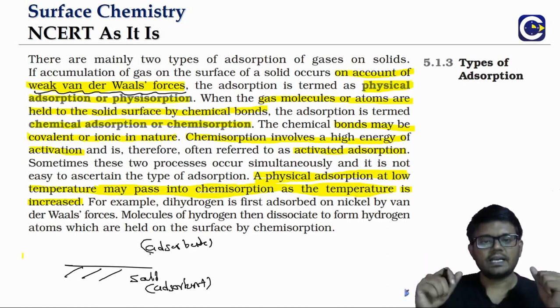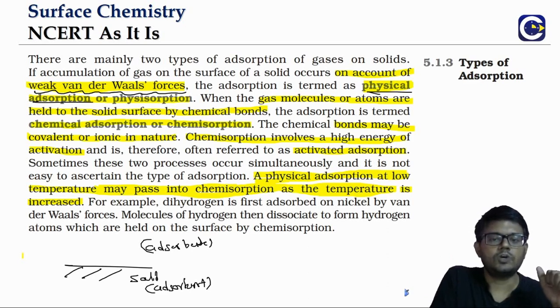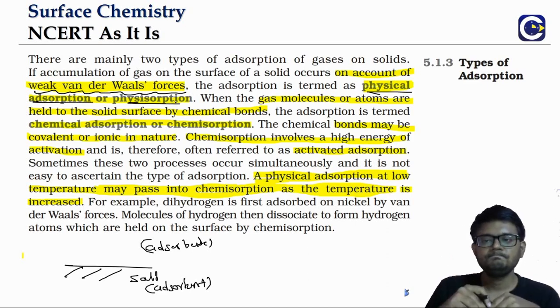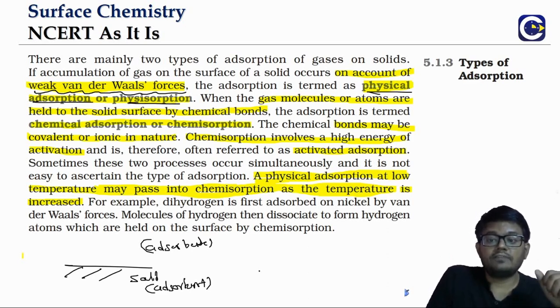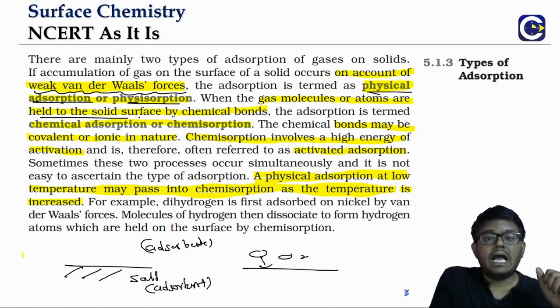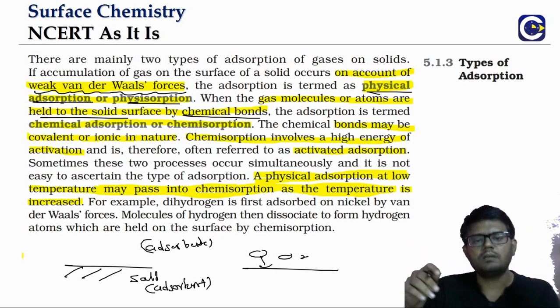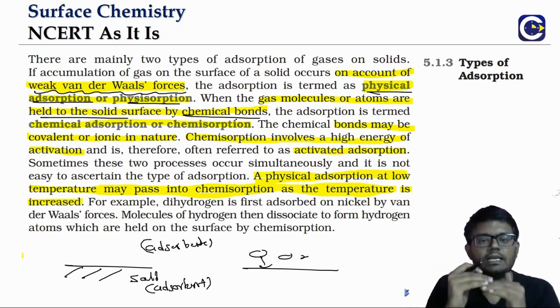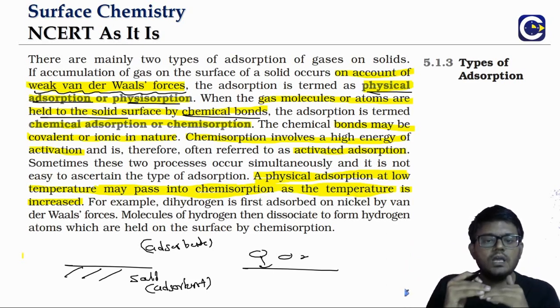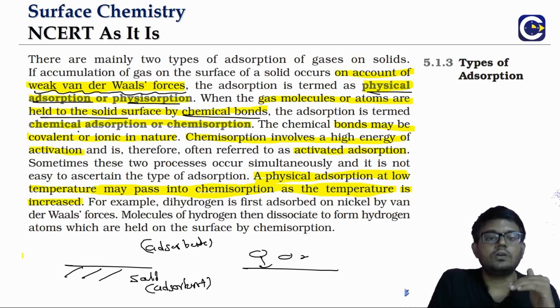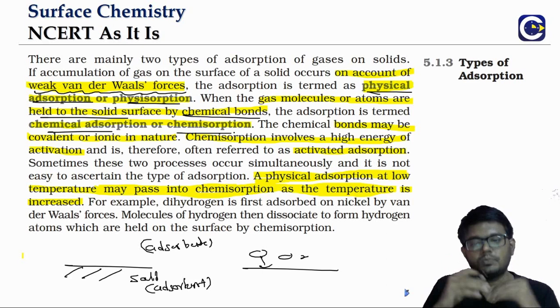Merely physical kind of interactions. That's why we call it physical adsorption or physisorption. But if the gas molecules or the atoms have a chemical bond, which may be covalent or ionic in nature, forming a bond with the adsorbent, then we will call it chemical adsorption or chemisorption.